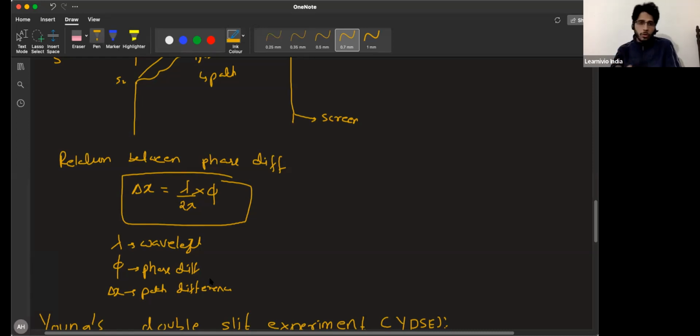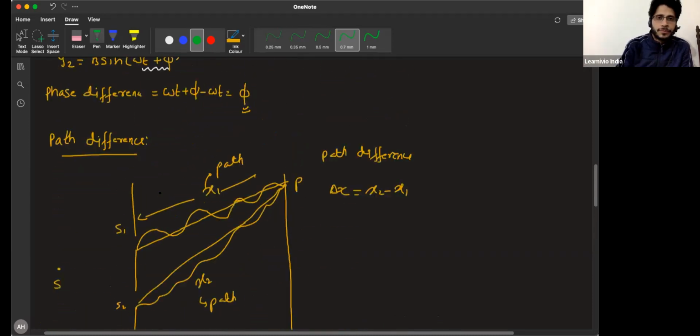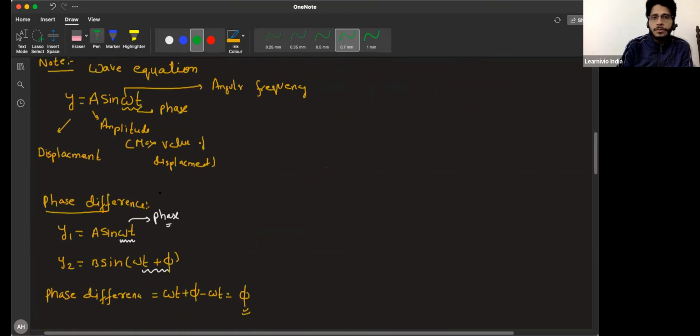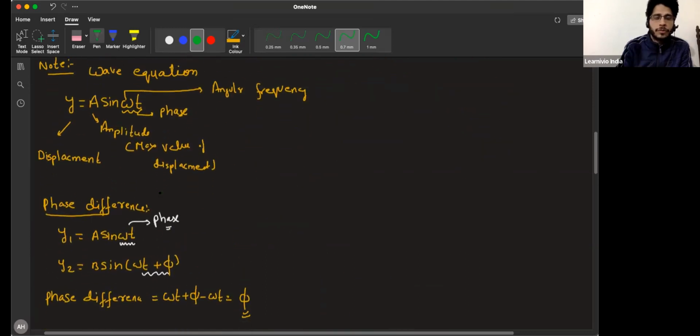So to do numericals and derivations of interference, you should know what is phase difference, what is path difference, and how you relate them. This derivation is a 5-marker question from waves. Note it down. We'll do one or two numericals on it, then we will start Young's double slit experiment.